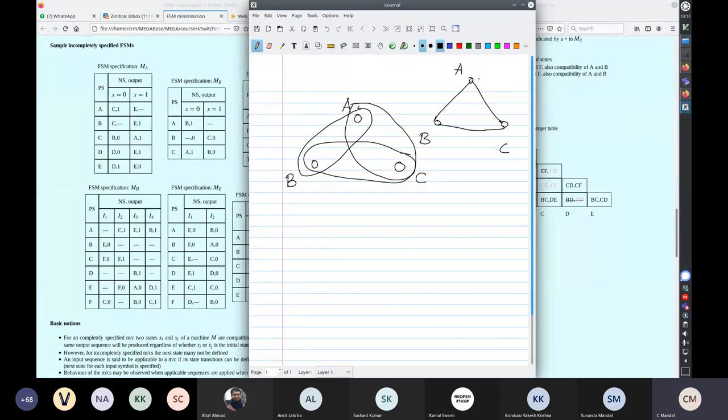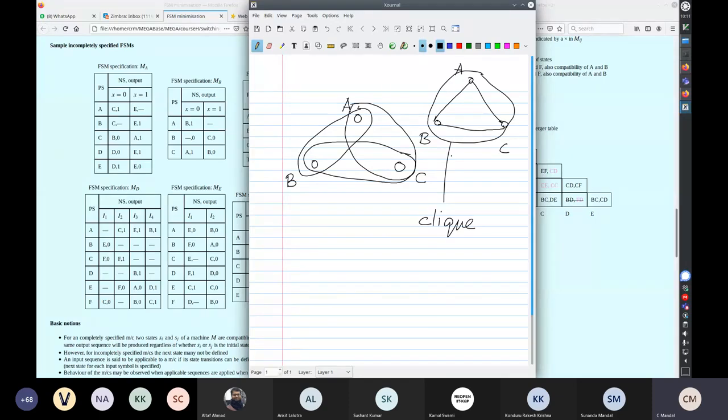So now this forms what you call a clique. A clique of a subgraph. In the clique of a subgraph, all pairs are compatible.